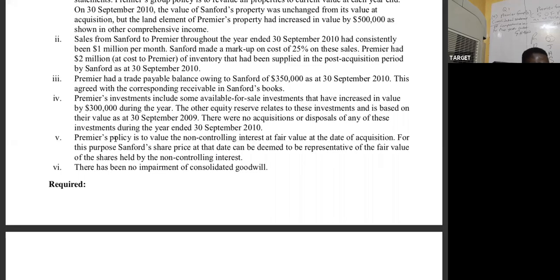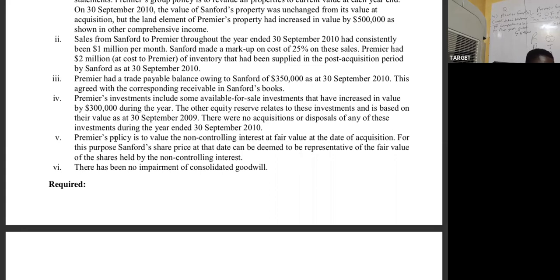Premier's policy is to value the non-controlling interest at their fair value at the date of acquisition. For this purpose, Sanford's share price at the date can be deemed to be representative of the fair value of the shares held by the non-controlling interest.